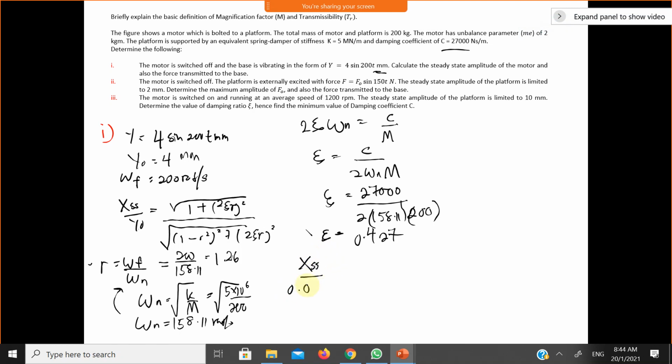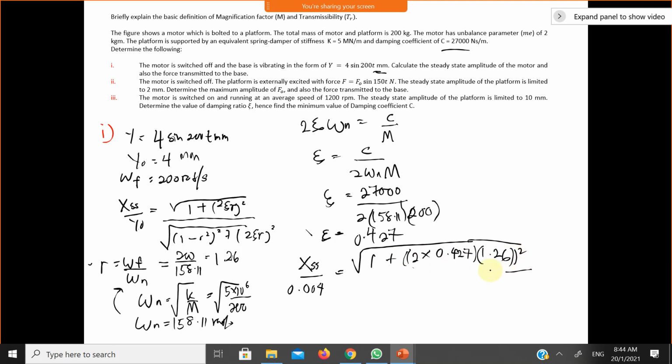0.004 equals to 1 plus 2 zeta. What is our zeta? Darab dengan 0.427 times with 1.26 squared.